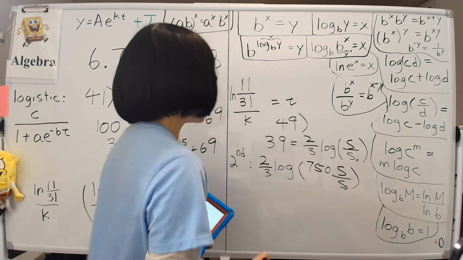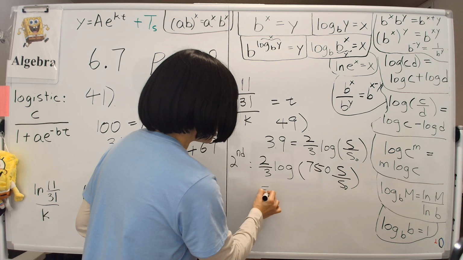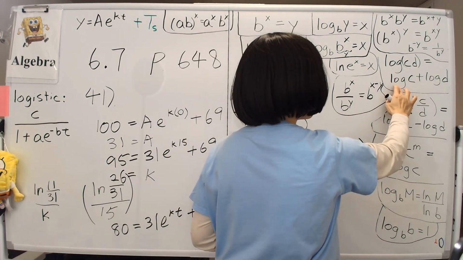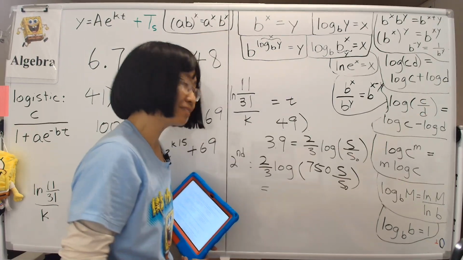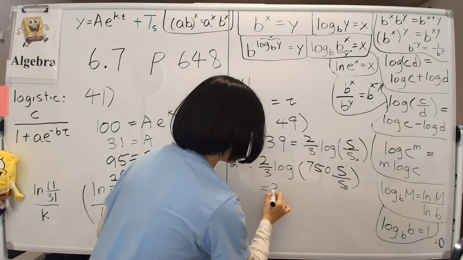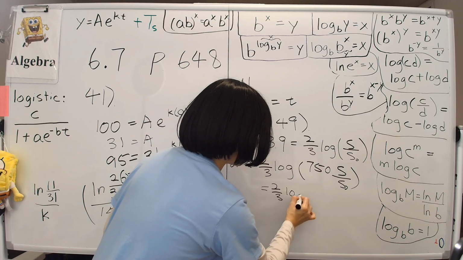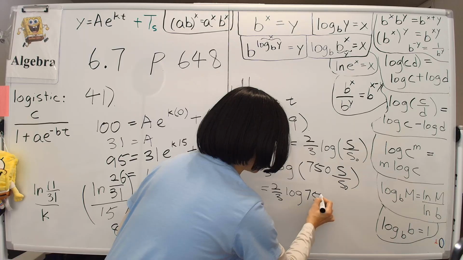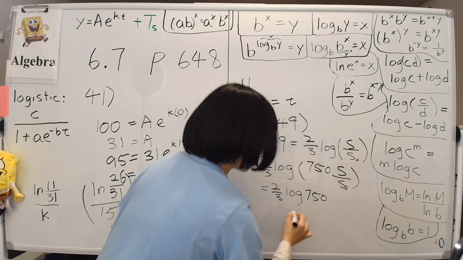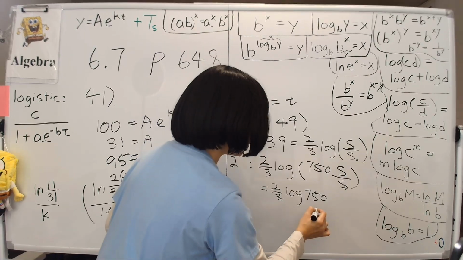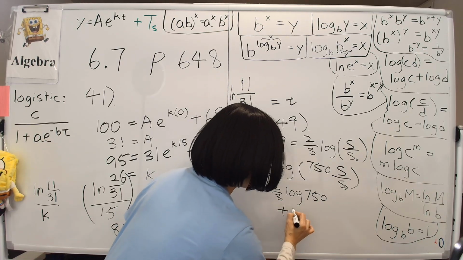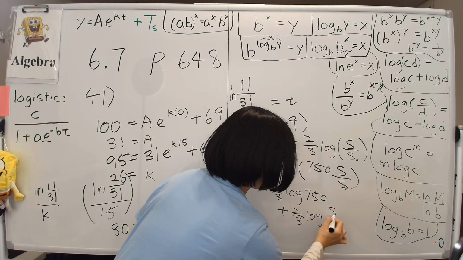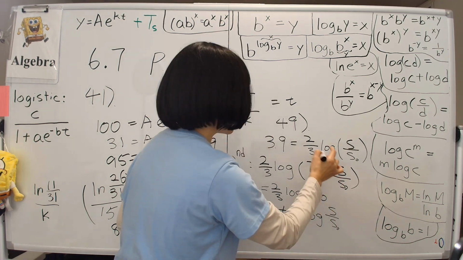All right, so then what does that mean? That equals, now remember the logarithm of products, okay, c times d, you can break them down into addition. So this is the same as 2/3 log of 750, okay, plus 2/3 log of S over S0, as we had before.